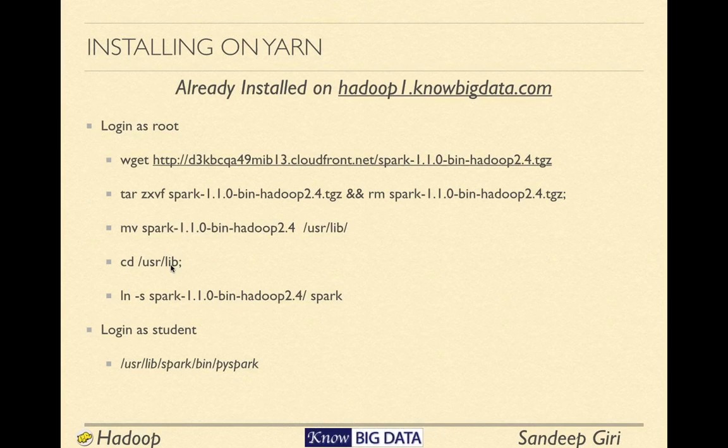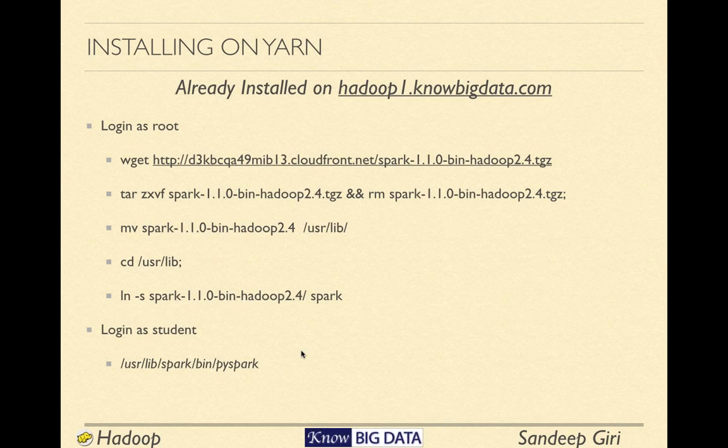These two steps are basically copying it to usr lib and then renaming or linking it with Spark. Linking these two folders is Spark, so the path looks really clean. Instead of saying usr lib spark-1.1, we are simply saying Spark. Once you are done with that, you can simply type this command: usr lib spark bin pyspark.